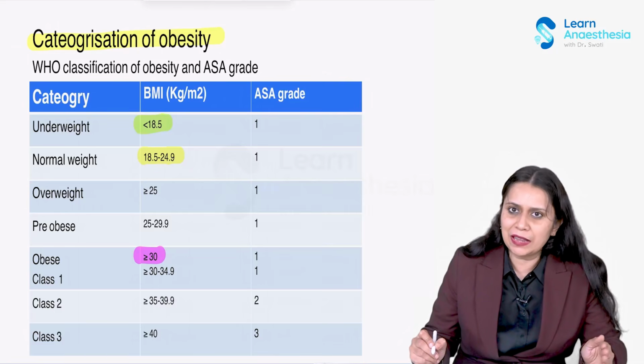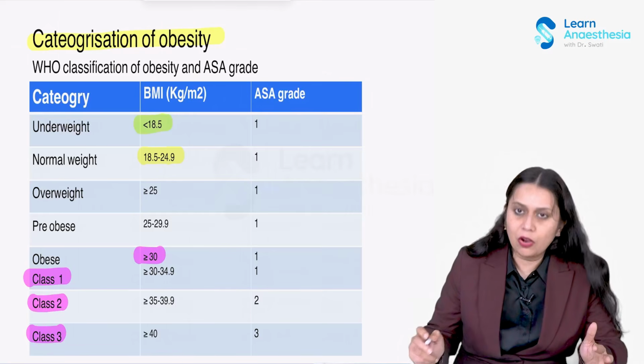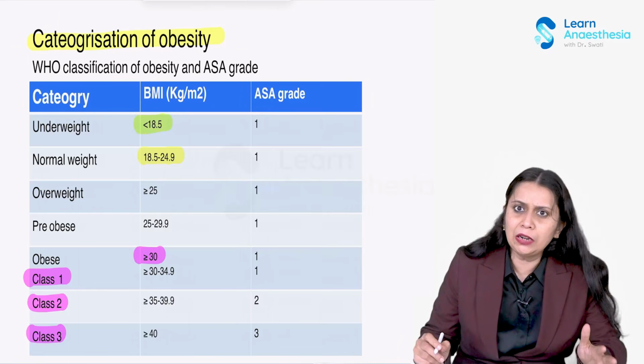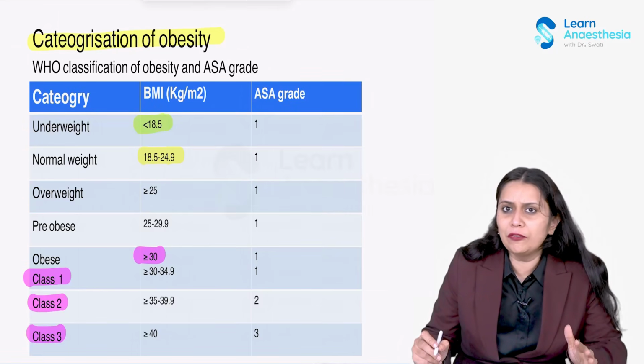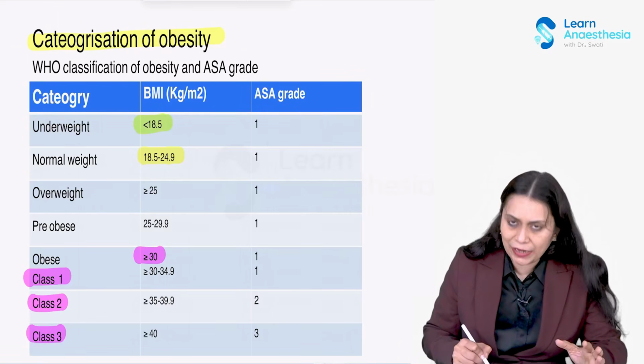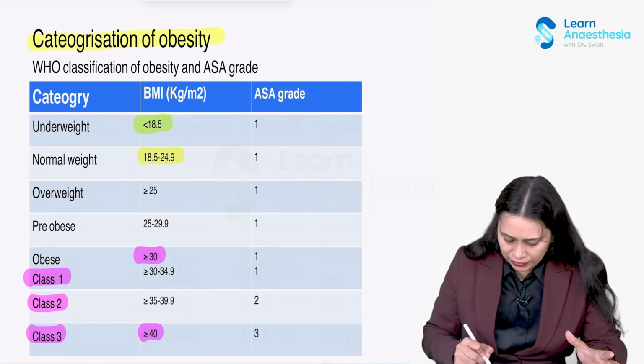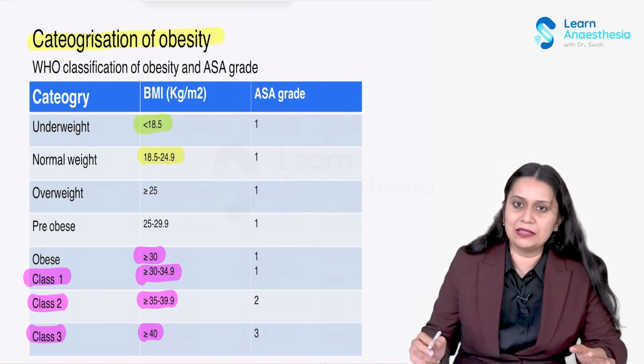And then it is classified into three: class 1, class 2 and class 3. According to the BMI, between 30 and 34.9 is class 1, 35 to 39.9 is class 2, and above 40 is class 3.